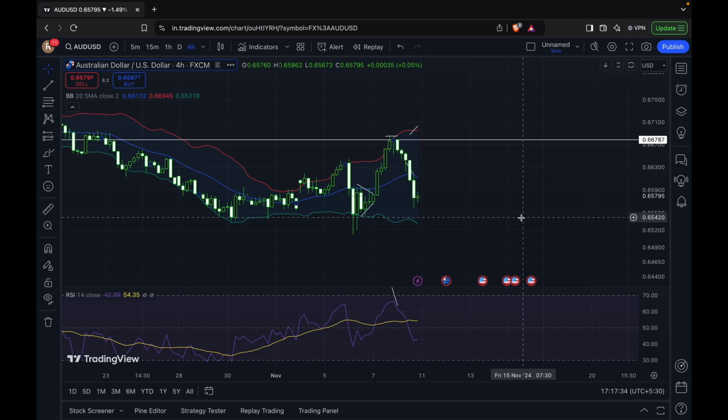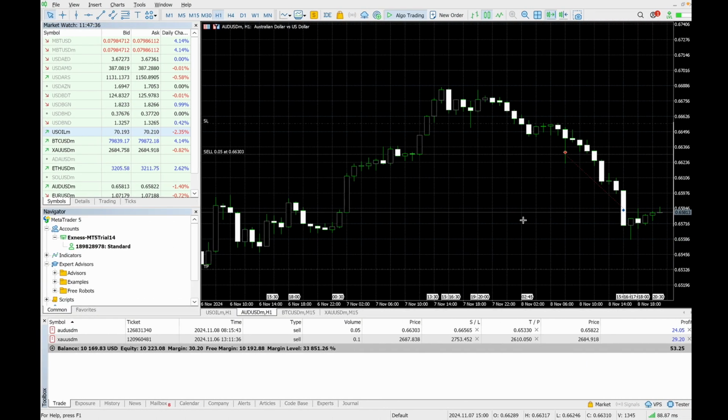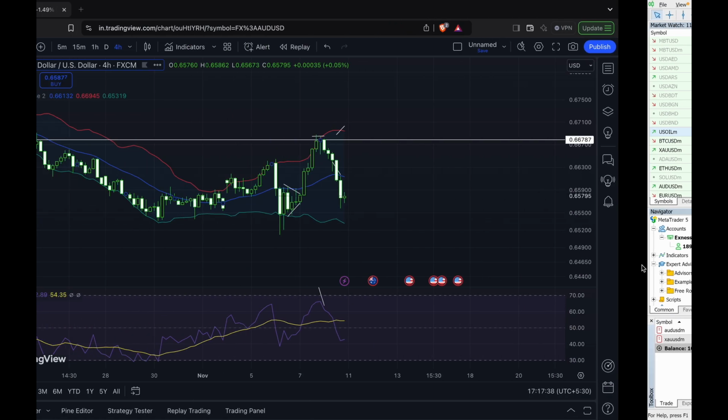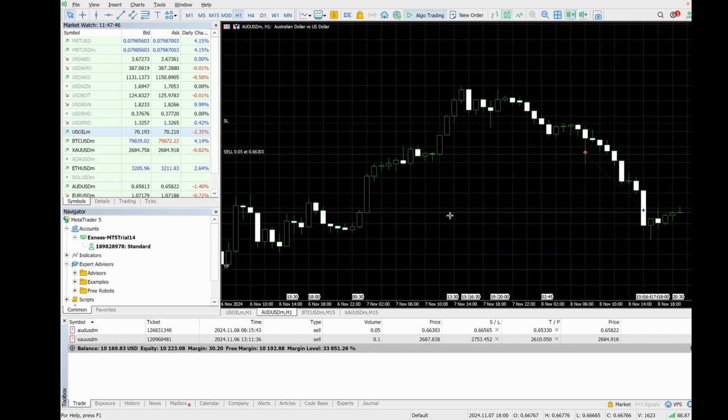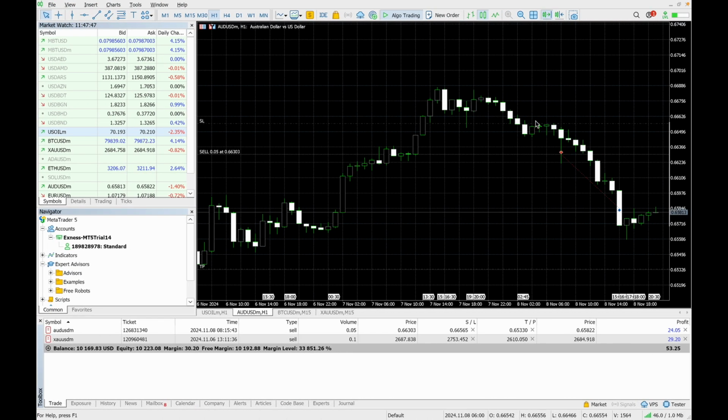So the target is 65326, somewhere over here. My stop loss was near my swing high. This is my stop loss, and this was my target. You can see the risk reward ratio is pretty good. It's more than 3 or 4, I guess. You can measure this.